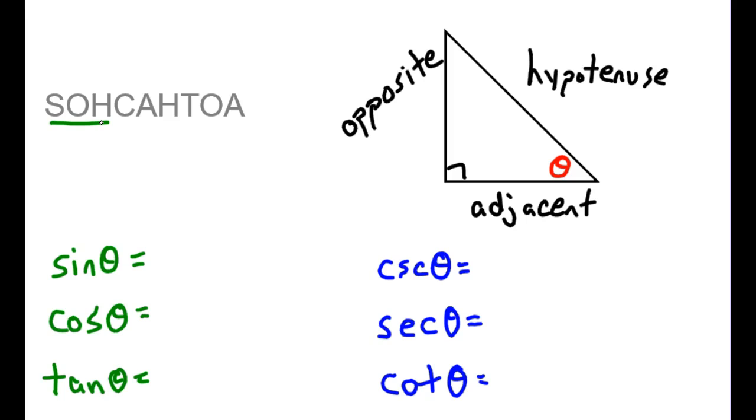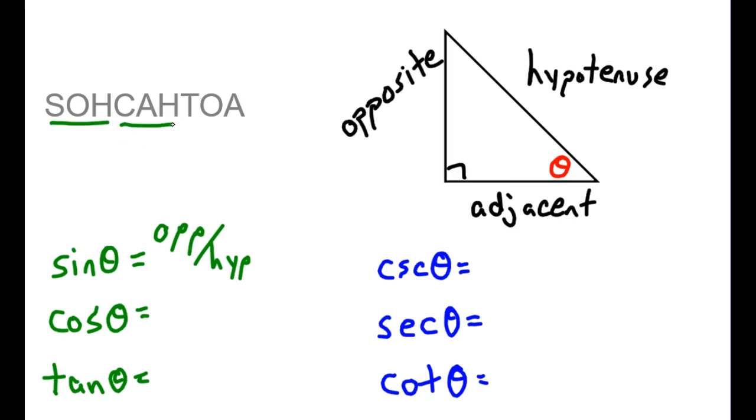First, let's focus on SOH. The S is referring to sine, O stands for opposite, and H stands for hypotenuse. So if we're trying to find the sine of theta, that is going to be equal to the length of the opposite side divided by the length of the hypotenuse.